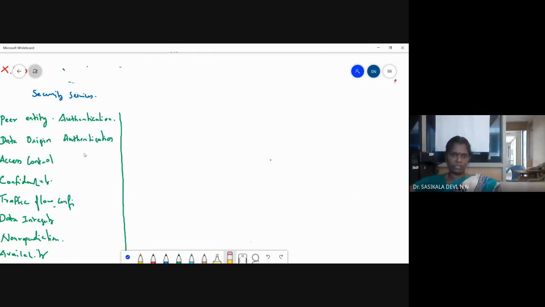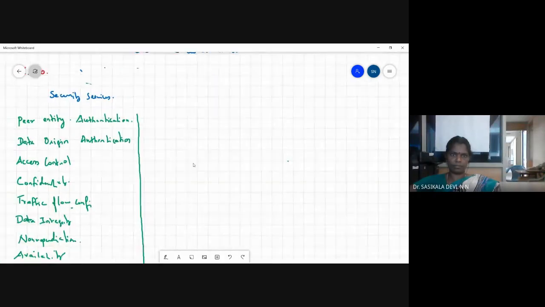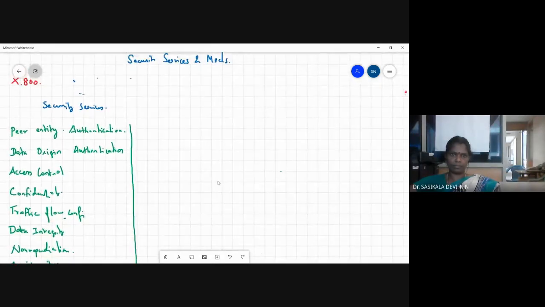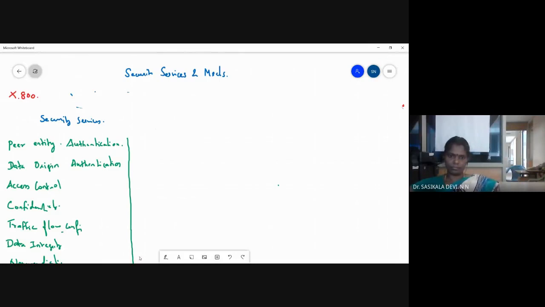Okay. So the first type of mechanism here is encipherment.